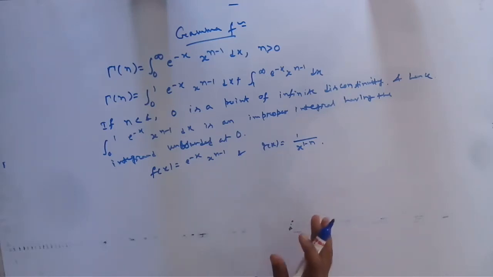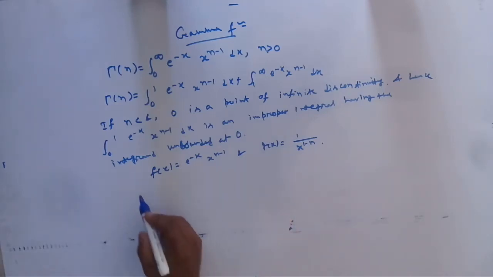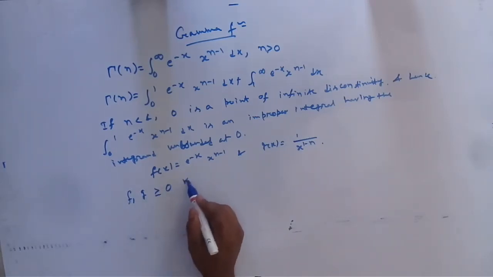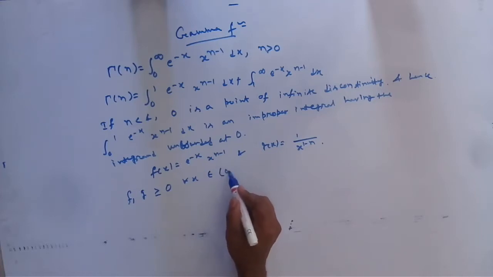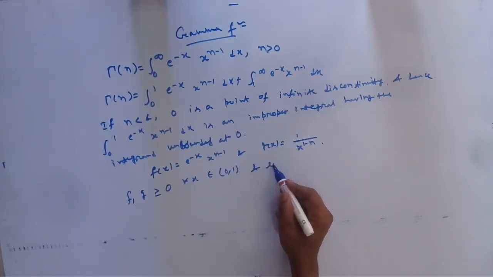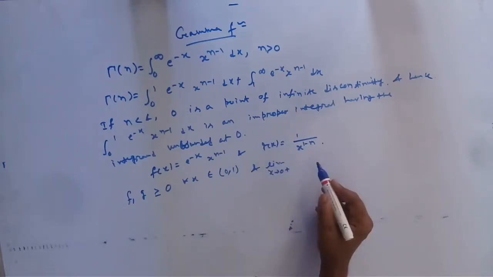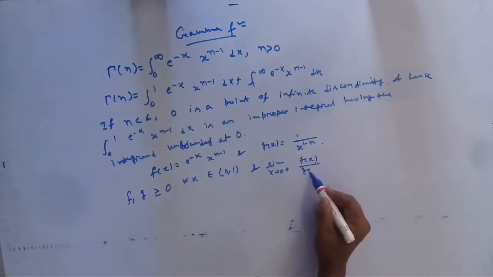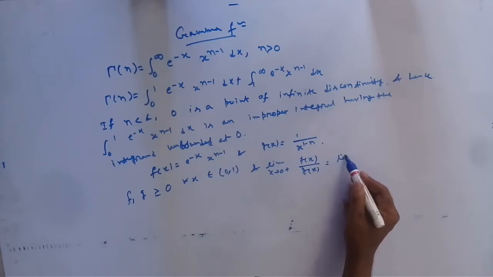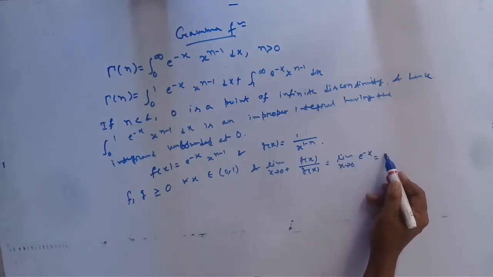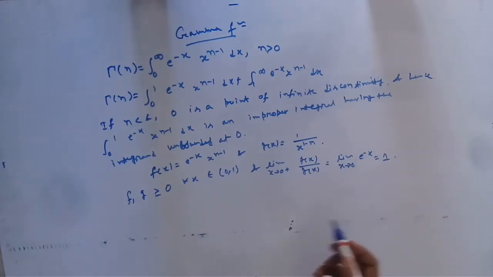Clearly, f and g both are greater than or equal to 0 for all x belonging to the open interval 0 to 1, and limit x tends to 0 plus, that is the right hand limit at 0, of f(x) by g(x) will be equal to the right hand limit of e to the power minus x, which is equal to 1.